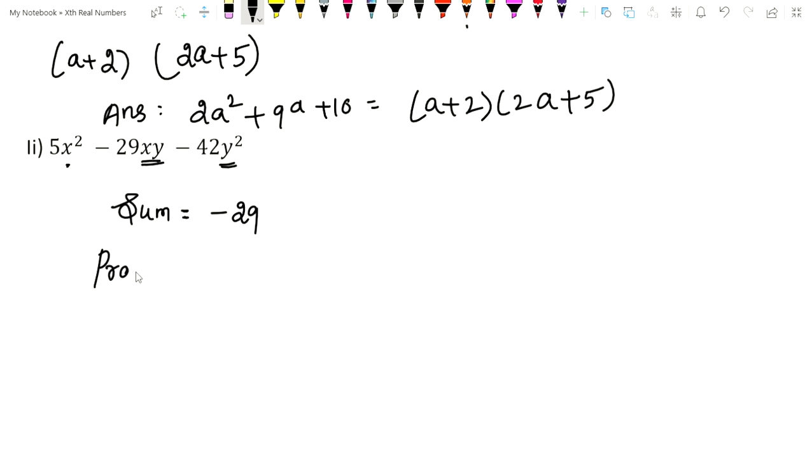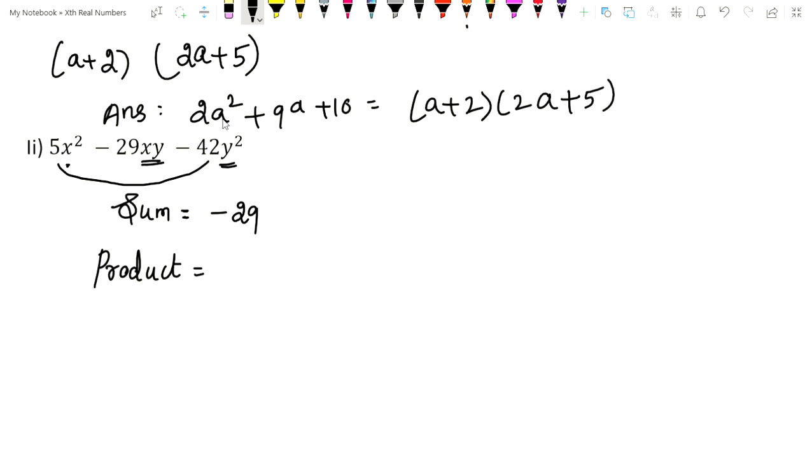Product equal to multiplication of constant and the coefficient of x square. Here the constant term has y square also, so you have to multiply the first and last terms. You have to multiply the coefficient of y square and the coefficient of x square.